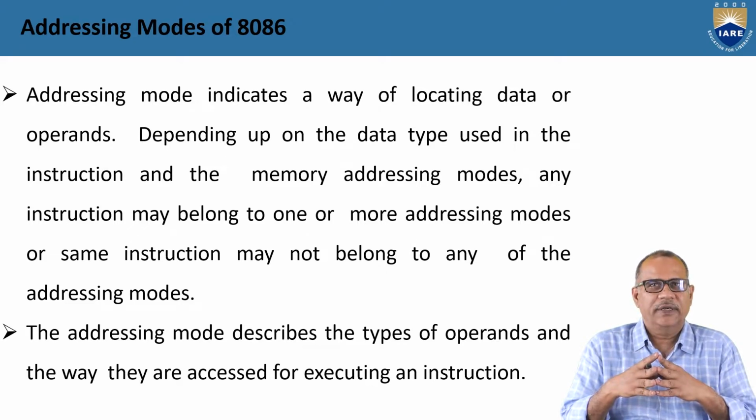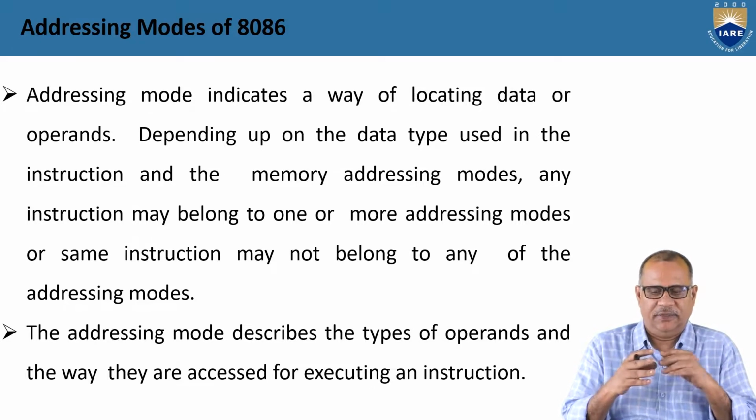So addressing mode indicates how to locate the data. Depending upon the data type used in the instruction, a particular instruction may belong to one or more addressing modes. Addressing modes describe the type of operands and the way they are accessed for executing the instruction.